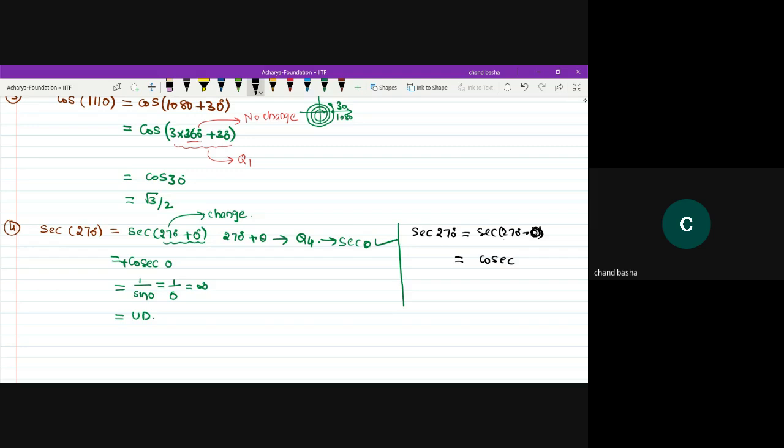What is cosecant 0? Is it quadrant number 3? As you said, minus means quadrant number 3, so the sign changes. Minus 1 divided by sine 0, that is minus 1 divided by 0. That is minus undefined. Undefined is undefined only.